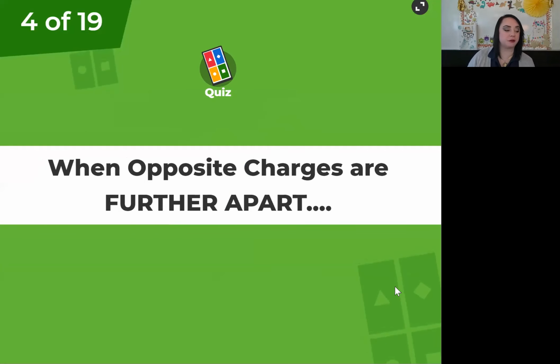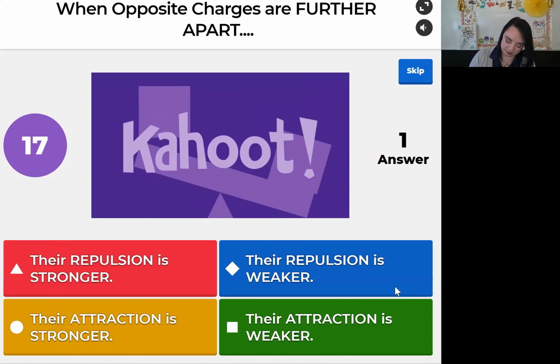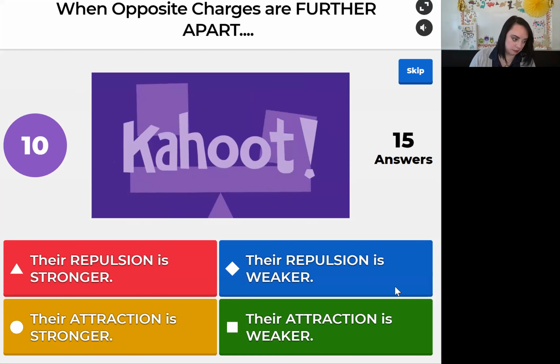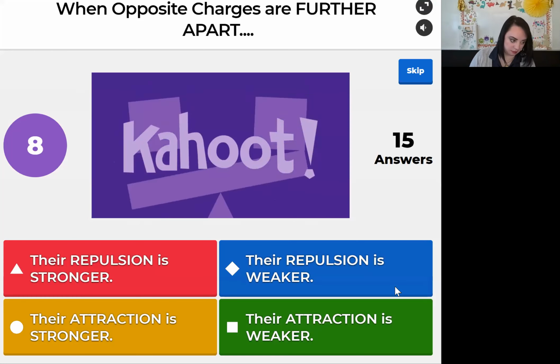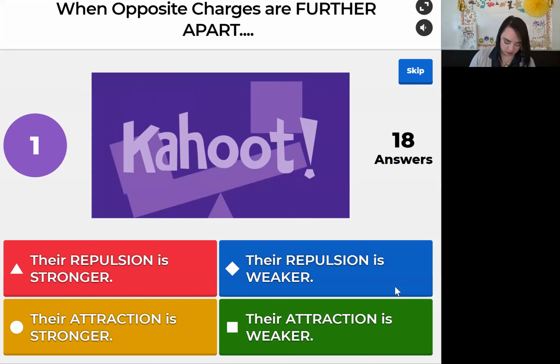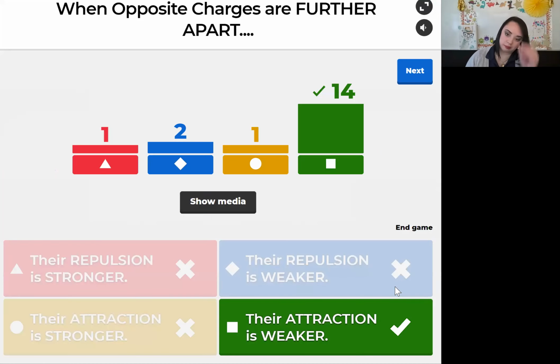When opposite charges are further apart, what will happen? Good. Their attraction will be weaker. So I know it's attraction, right? Because opposite charges attract. And if they're further away, they aren't close enough to get pulled to each other.